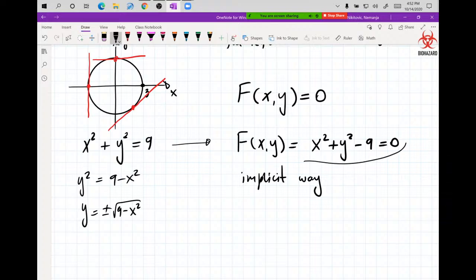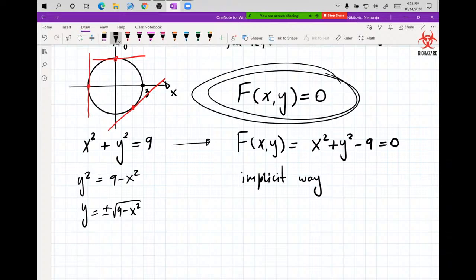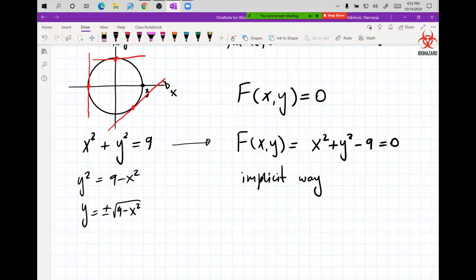This is where x's and y's are in a pile. We do not separate y on one side and x's on the other because we can't. And in some cases, we have to do that. Now, the truth is that all of the functions can be represented this way, even the ones that are functions, like y equals x squared minus 1. That's a function, right? It's a parabola. It passes the vertical line test everywhere. So that's cool, right?